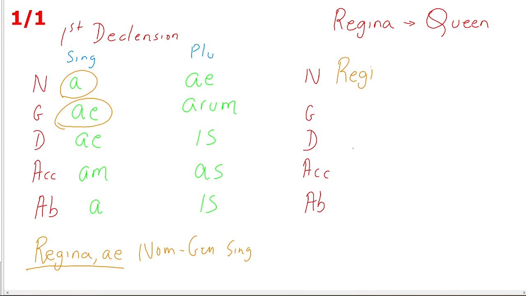So let's take a look at this. Regina, then you have Reginae, Reginae, Reginam and Regina.